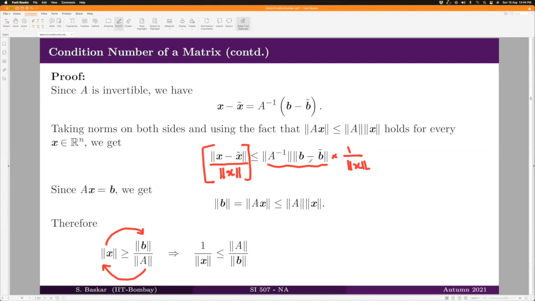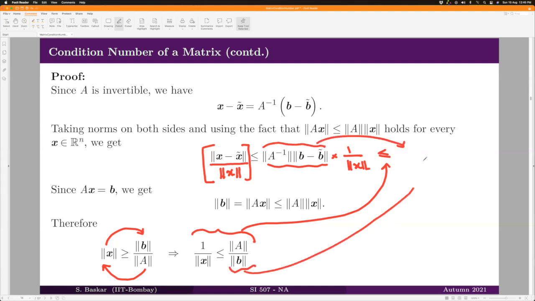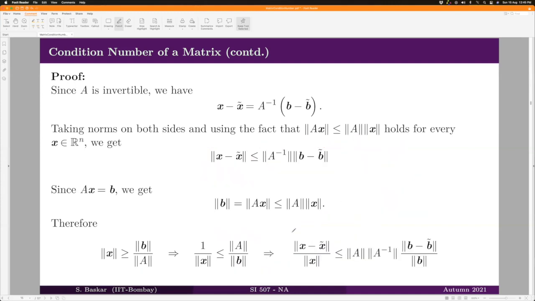So once you have this, now you see we have an estimate for 1 by norm x nicely here, and you put that here, and that gives you this is less than or equal to this entire thing. And how does it look? Well, that looks like this, right?